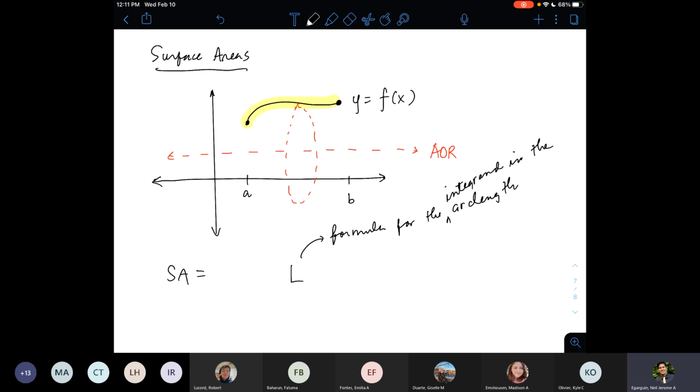And then times some quantity, because surface areas are two-dimensional measurements, right? Well, the basic thing here is that this arc will travel along the circumference of the circle with respect to the axis of revolution.